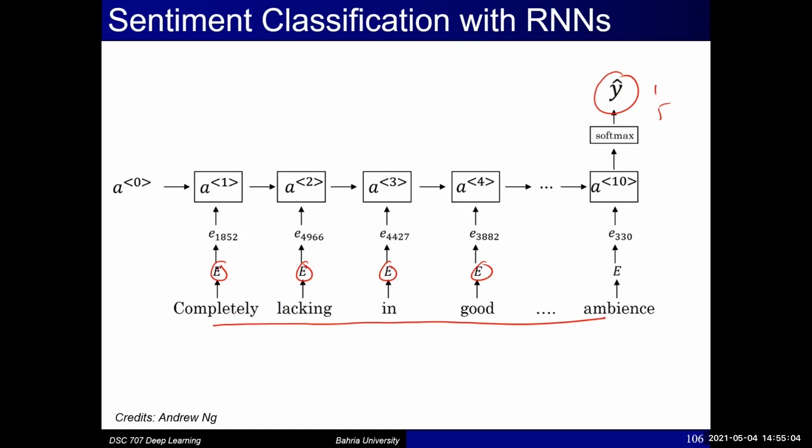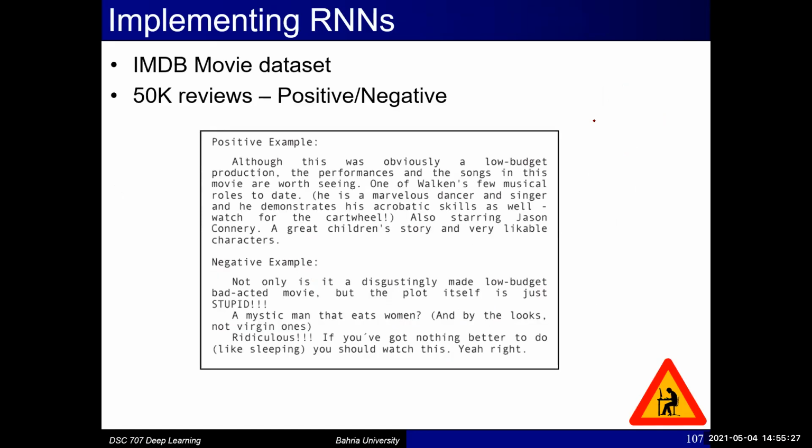We first multiply it by the embedding so that we have an embedding vector, and then this is the embedding vector we feed to the hidden layer. In this case, this A is our same hidden layer, and on this axis you have time. We just have one hidden layer, so there's no depth, and these are the outputs, which is the softmax layer.